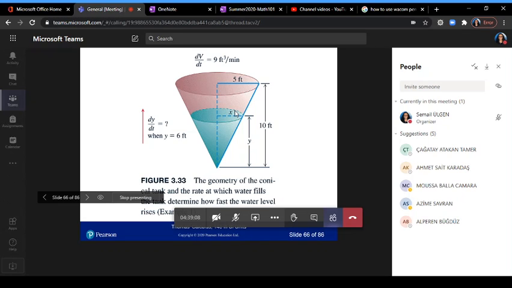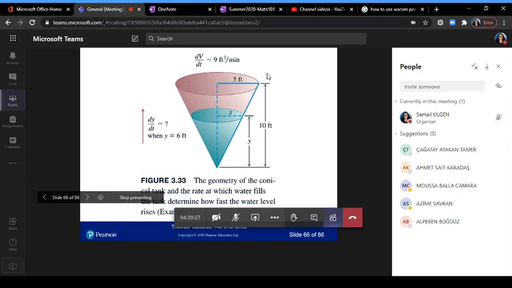So x is a variable that's changing, y is a variable that's changing with respect to time. Of course, the volume of the water is also changing as time goes on. So we have all these changing parameters, and we have a relationship.